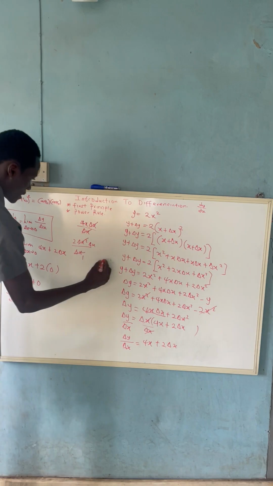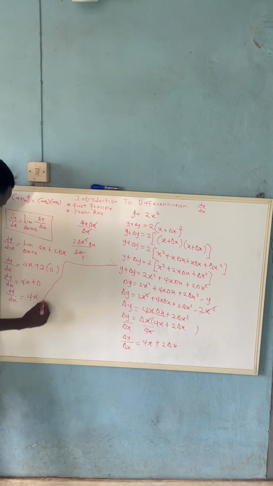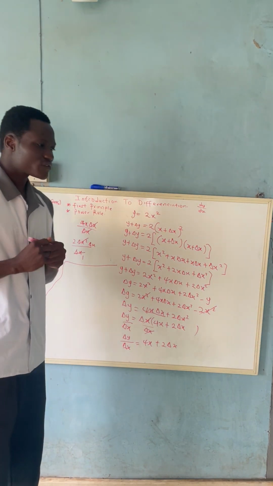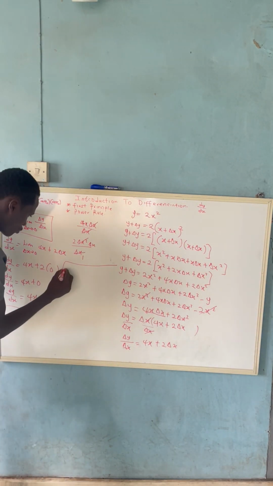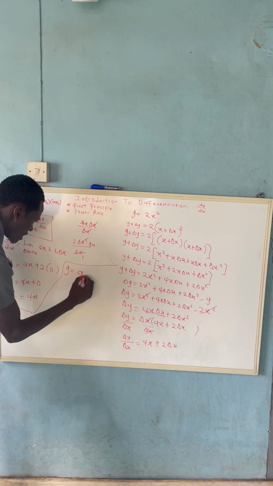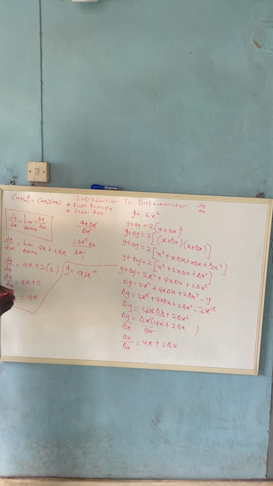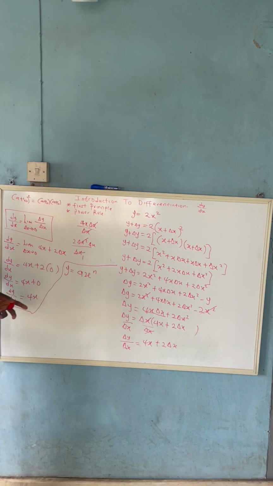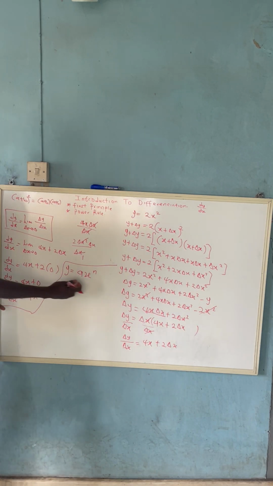So let's see the power rule. What does the power rule state? The power rule states that if we have y is equal to ax to the power of n, this is the function, where a is a constant, which is the coefficient of x, and n is the power of x. It says that we can easily get the derivative of this function.